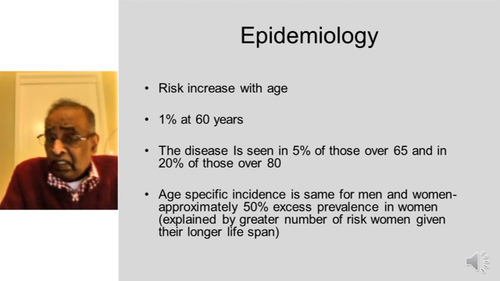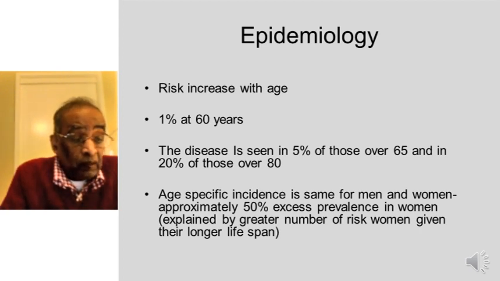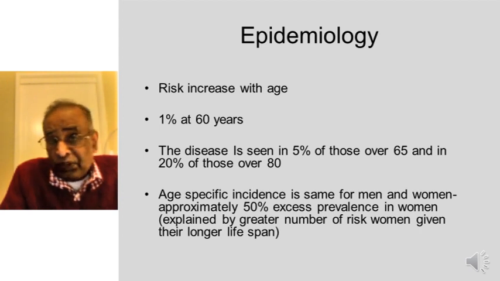Age-specific incidence is the same for men and women, approximately, with women showing 50% excess prevalence, explained by the greater number of women living their longer life. So the female-male ratio is higher for the females.